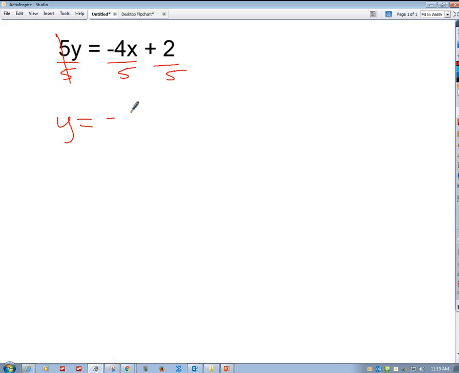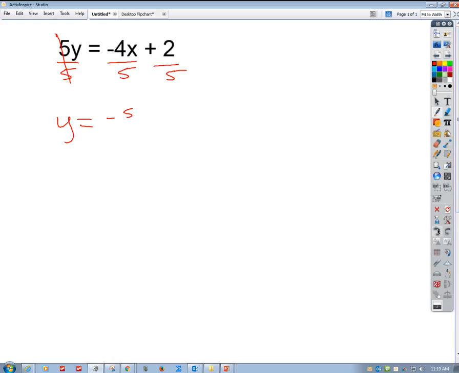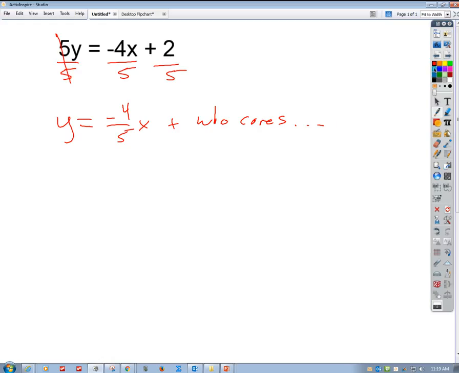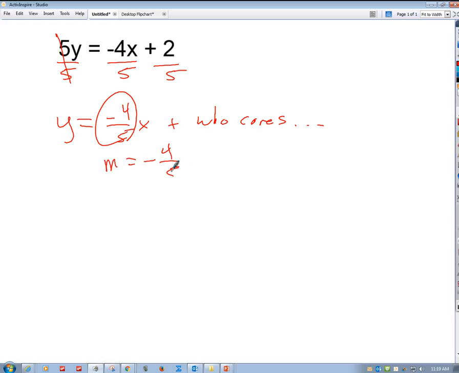So I could rewrite that as negative 4/5 x plus 2/5, but really who cares? Do we even need to know what the other value is? All we care about is just the slope, right? So really all we need is this. We just need to know that m is negative 4/5, right? Get the idea?